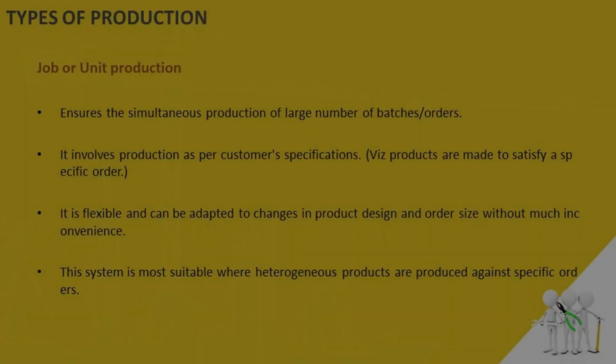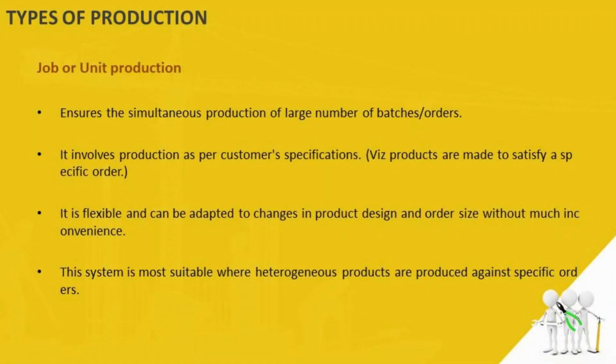Then we have job or unit production. It involves production as per customer's specification. This ensures the simultaneous production of a large number of batches or orders, and each batch or order comprises a small lot of identical products and is different from other batches.